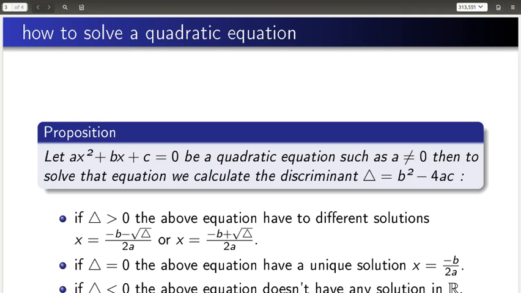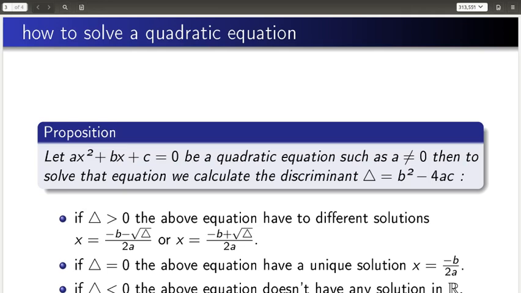Then to solve that equation, we calculate the discriminant delta equal to b squared minus 4 times a times c.